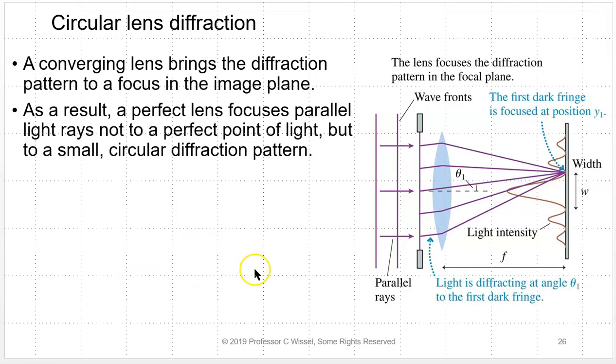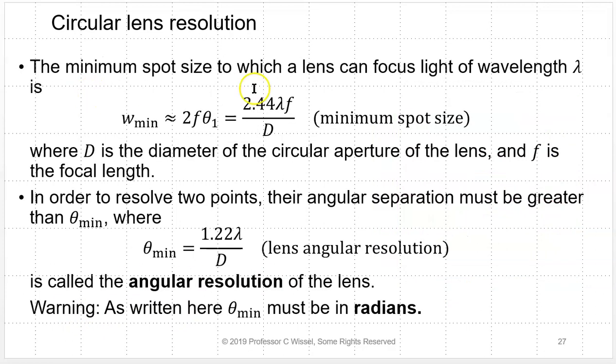And that complicates things. Whether it is a problem or not depends upon how large it is. The bigger it is, the more likely it is to be a problem. The minimum spot size to which a lens can focus light of wavelength lambda is Wmin, approximately equal to 2 times the focal length times theta 1, or 2.44 lambda f over d. Now this is for a circular aperture.